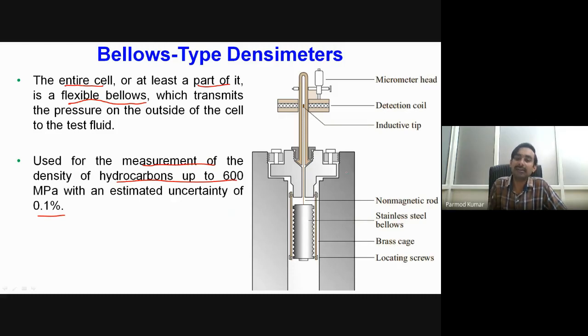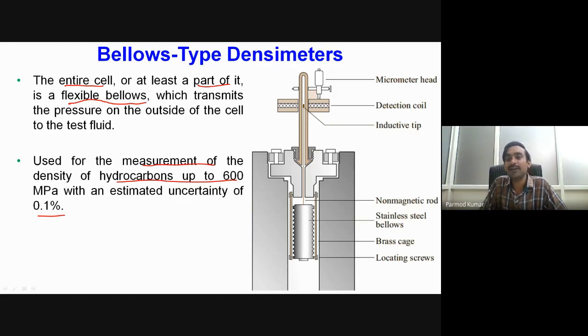Then we are having one non-magnetic rod, and this non-magnetic rod is connected to an inductive tip. So we have made one tip of this non-magnetic rod inductive, while its other end is connected to the body of the bellow.